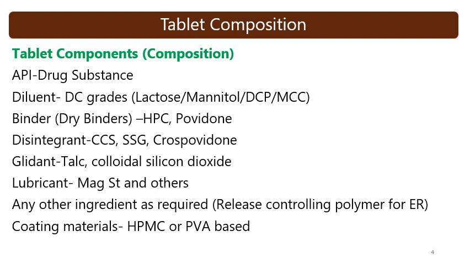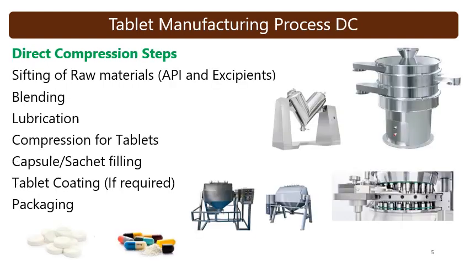These release controlling polymers can also be checked for availability in DC grade or granular grade so that flow will not be hampered. Then coating materials. If the tablets are film coated, then coating material involves the use of HPMC based and polyvinyl alcohol based coating system that may be aqueous or non-aqueous depending on the formulation.